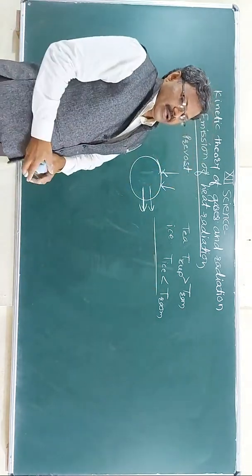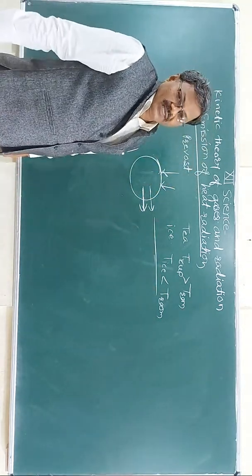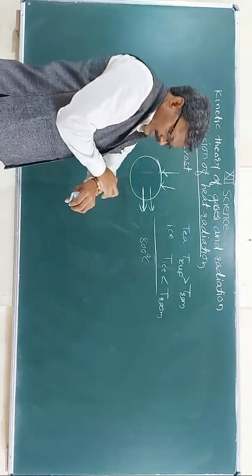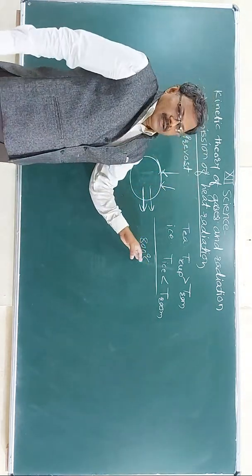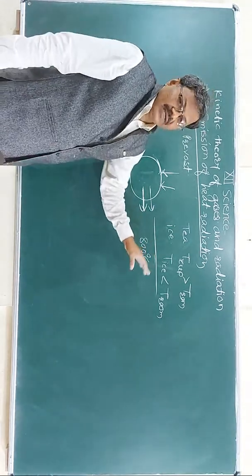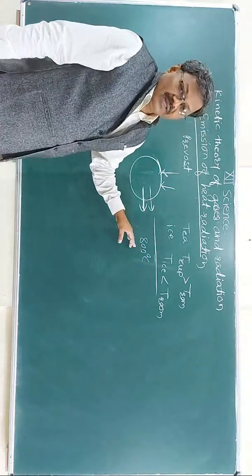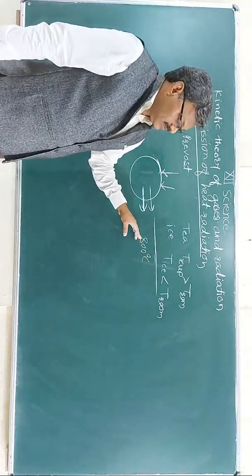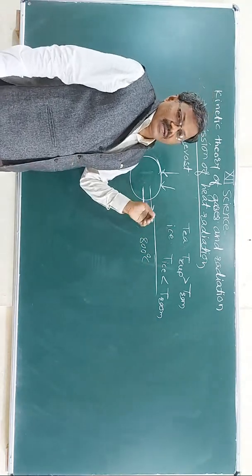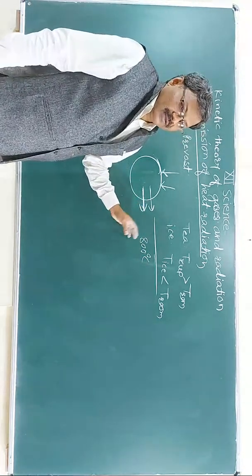Also, we know that when the temperature of a body is less than 800 degrees Celsius, thermal heat is radiated and the wavelengths are longer than visible light. Therefore, we cannot see this radiant heat.